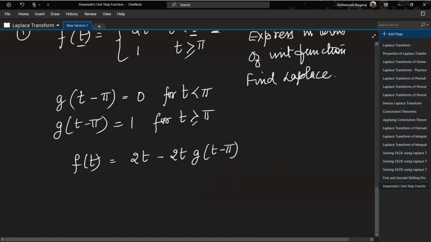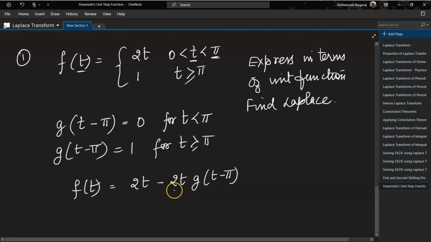Now does this really work? Say for example, when t is less than pi, g of t minus pi is 0. That means 2t times 0 is 0, and we are left with 2t. So when it is less than pi, it is 2t.